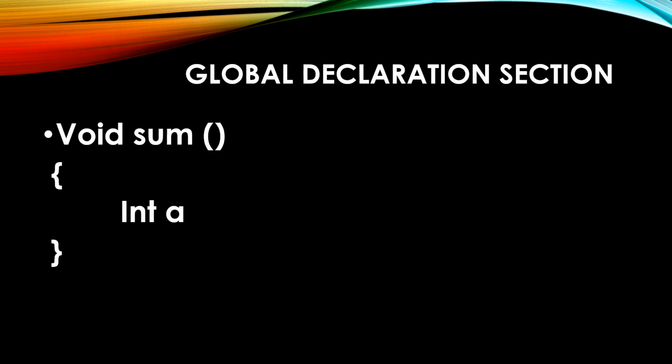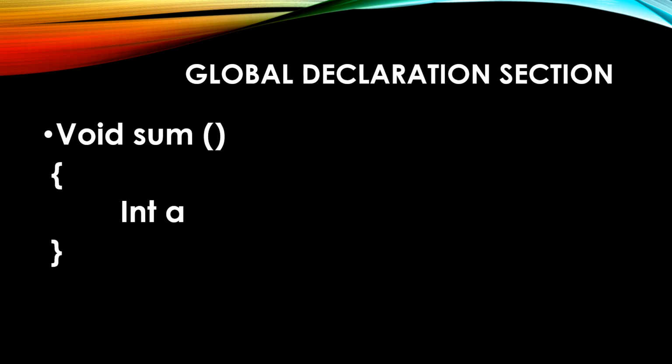But if you do not declare it globally and you have five user defined functions like sum, subtraction and multiplication, then in every function you have to declare int a, because that is a local declaration. If you declare it outside these functions and outside the main function, you can use that int a in every function.